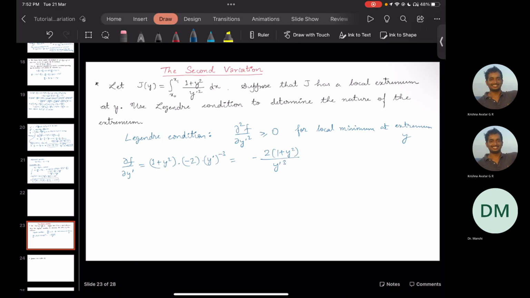Now again, ∂²f/∂y'² will have minus 2 into (1 + y²), and this gives us minus 3 into y' to the power minus 4. So we will have minus 3 into minus 2 is 6, (1 + y²) divided by y'⁴.